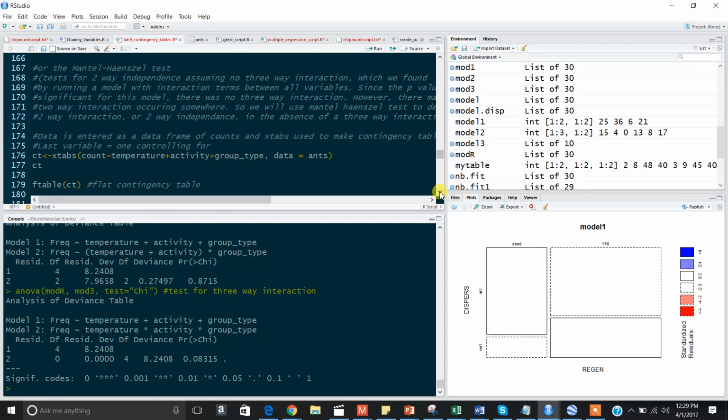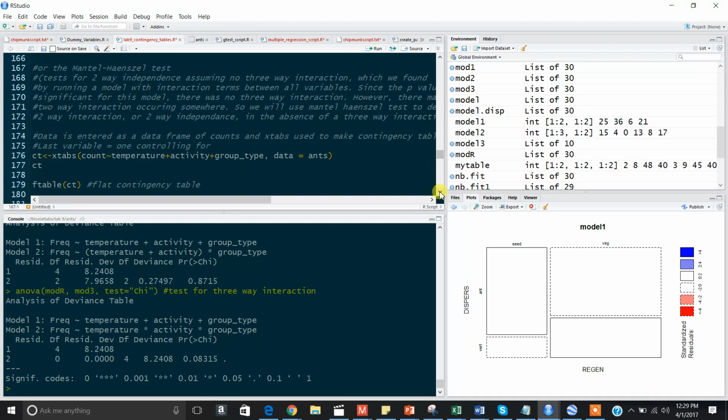So implementing this in terms of the study that we're looking at with these little ants, we can use the Cochran-Mantel-Haenszel test, or the Mantel-Haenszel test, to test for two-way independence, assuming that no three-way interaction has occurred. And again, we found that this is true by running a model with the interaction terms between all three variables.